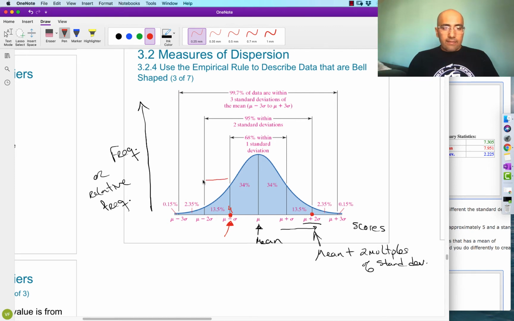Well, again, this thing separates it. To the left, we have about 2.5 plus 13.5, about 16% of the data, which means that about 84% of the data is that way. So that's not that great.